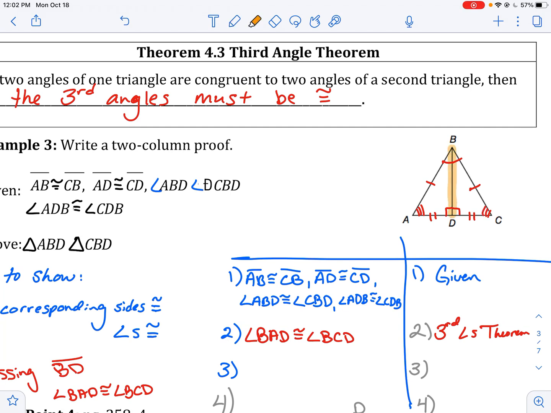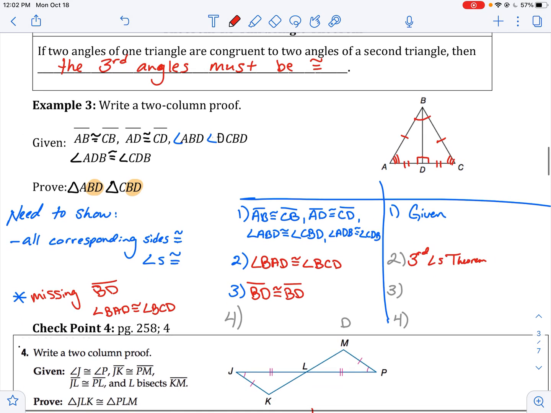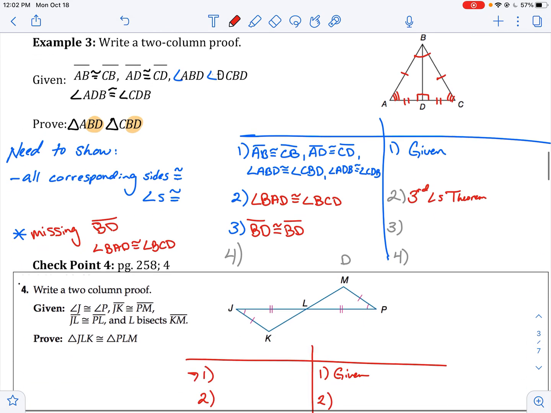Then I'm only missing this side, BD. Let's see. BD, and what does BD correspond to? Well, BD corresponds to BD if you look at the congruence statement. So how in the world can I say that BD is congruent to BD?